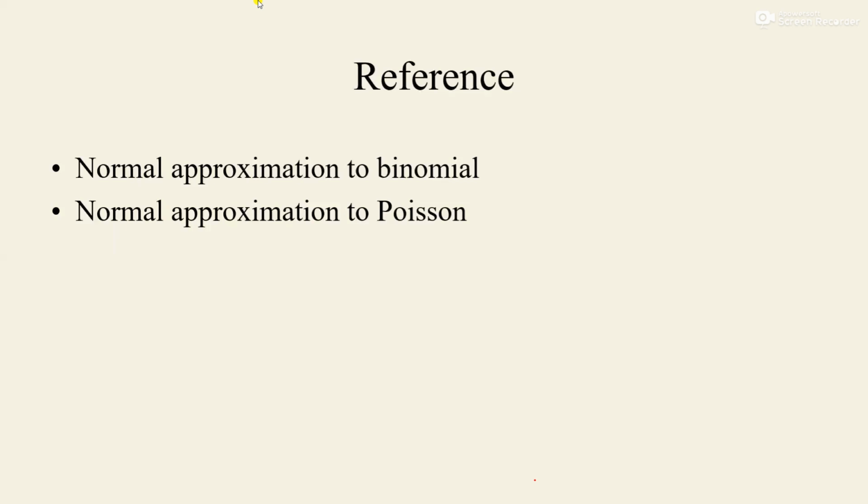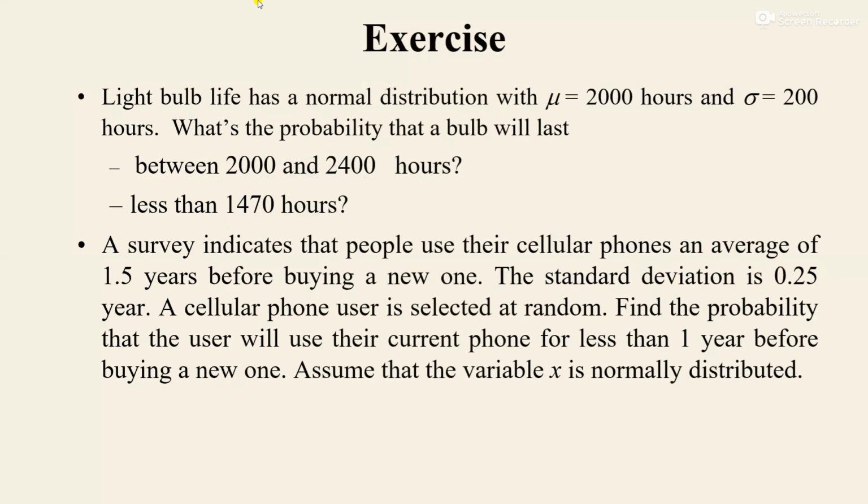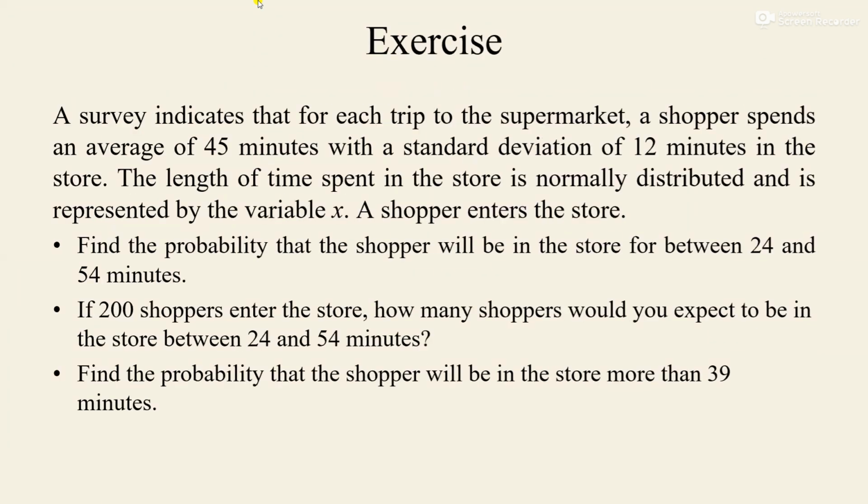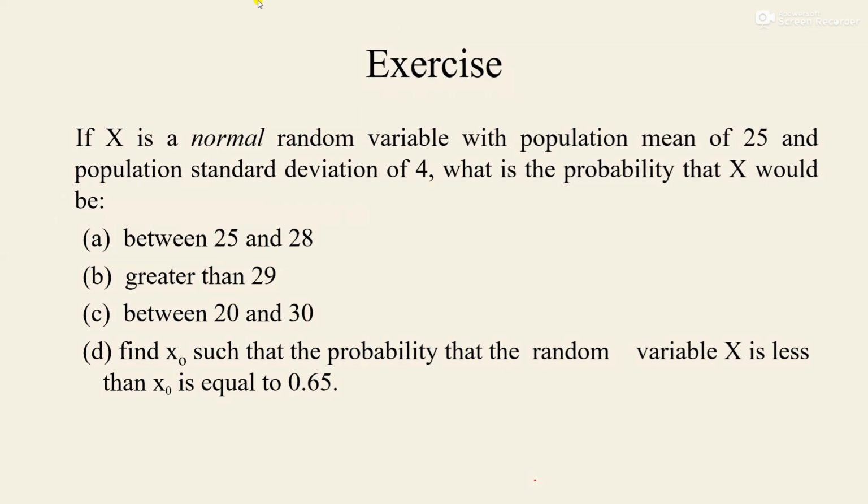From other websites or the uploaded notes, you have to get the idea. And this is the exercise, and this is also an exercise. You practice it. Right. Any doubts?